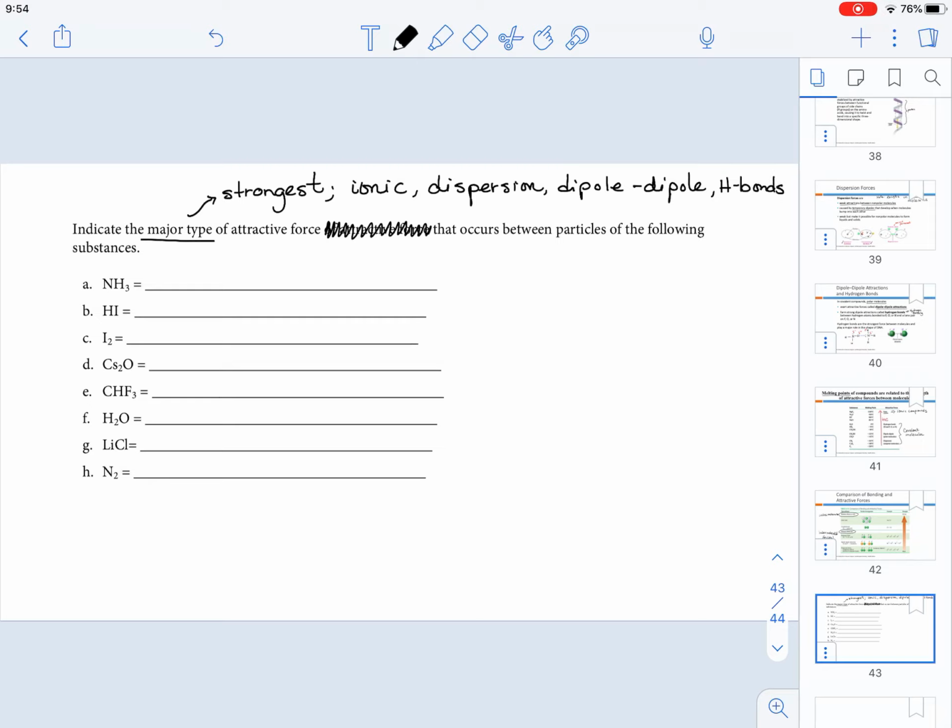So I'm going to do the first four, A, B, C, and D. Looking at these molecules, letter D, I already know that is an ionic compound, so I'm going to write ionic on it. A, B, and C are going to be specifically covalent compounds. So for covalent compounds, you need to do the following. Number one, draw the Lewis structures.